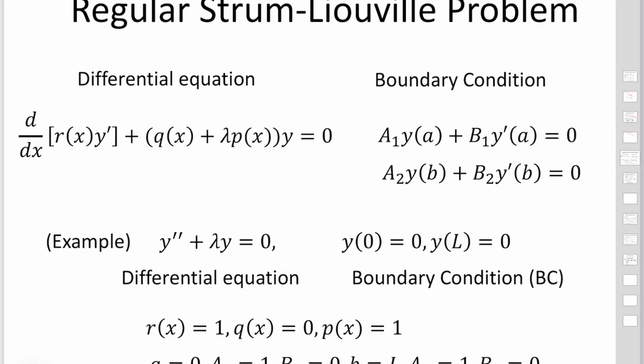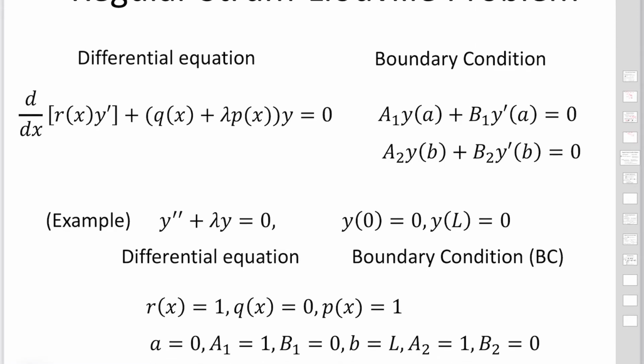And the boundary values are given at two points. At x equal a, a sub 1 y plus b sub 1 y prime equals 0. And also at x equal b, a sub 2 y plus b sub 2 y prime equals 0. So these are the boundary conditions.